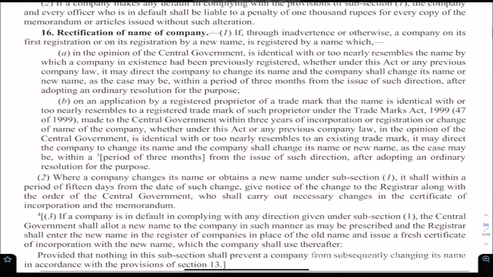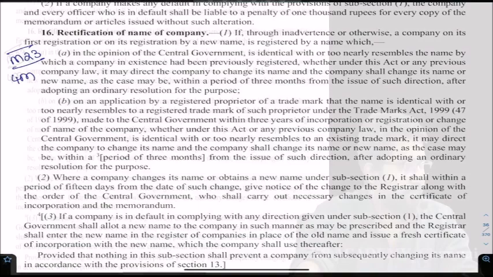Mark it important. This is what I expect for the May 23 attempt. Rectification of name, 4 marks, expected question for the May 23 attempt.